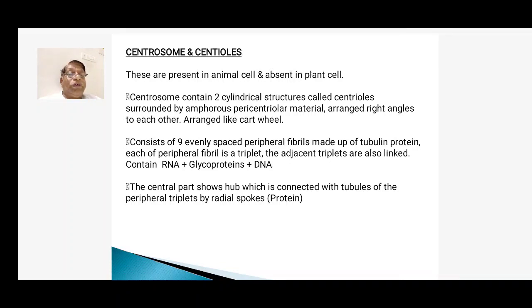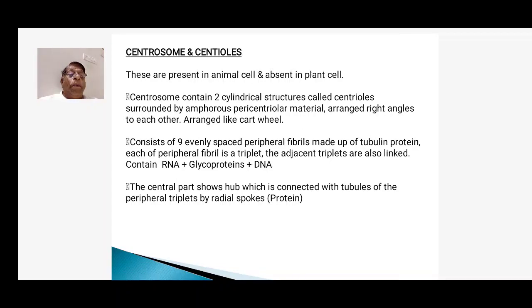It consists of 9 evenly spaced peripheral fibrils made up of tubulin protein. Very, very important for NEET examination.